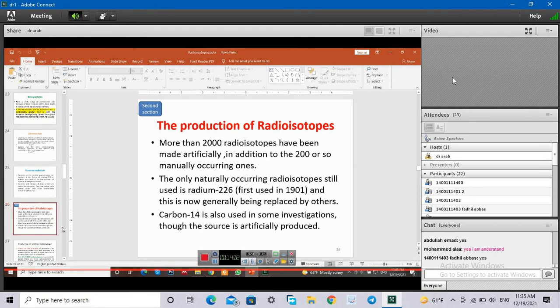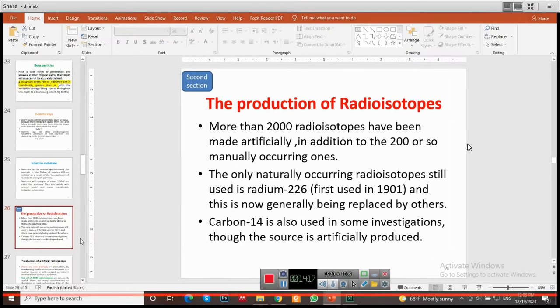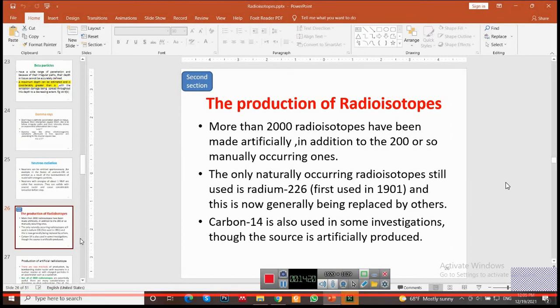In the following, as I said before, radioisotopes can be produced naturally and artificially. Because the half-life of natural radionuclides is very high, for example, for radium, the half-life is about 1,600 years.